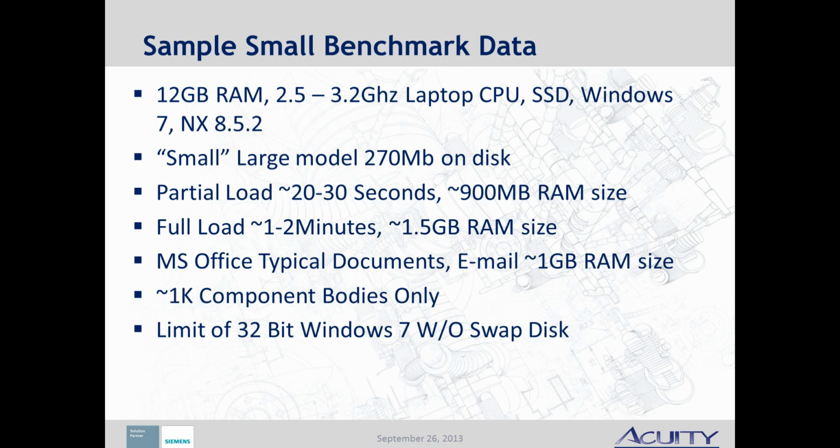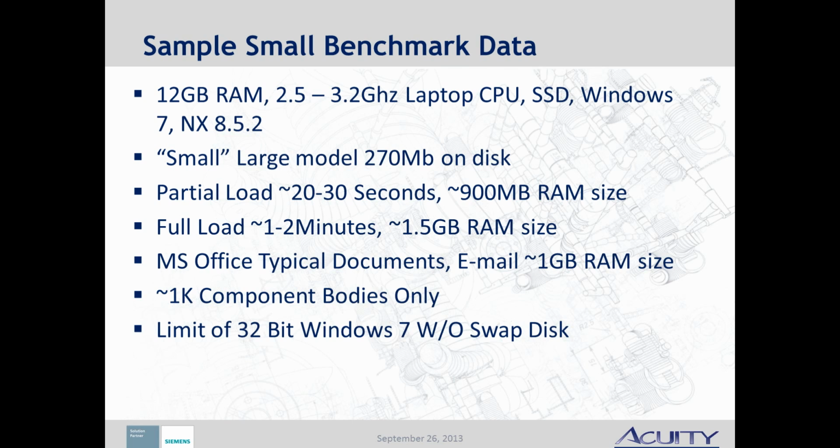So this is kind of the upper limit of 32-bit Windows 7. If you're doing model history, you've got wavelinking and some other activities going on, you could run into these limits really easy at 100 to 200 components. And if you're adding Teamcenter on top of the list, then you might only get to 25 or 50 components before you really start to see the system bog down.